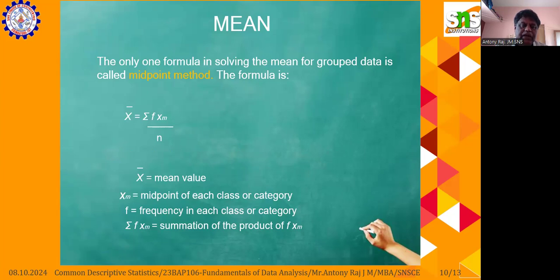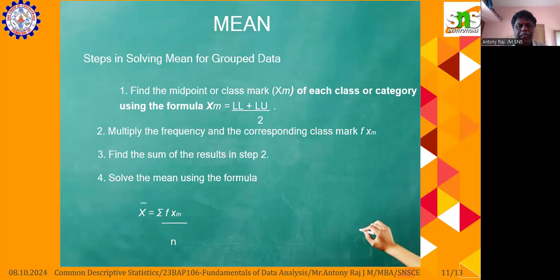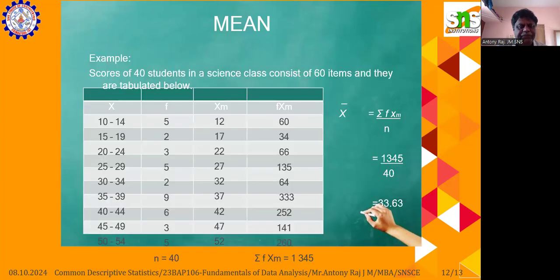So you multiply the frequency by the midpoint and add all these, and we get the numerator summation. Solving is very simple. Find the midpoint for each class interval, lower limit plus upper limit divided by 2, then multiply that by the frequency and we get f into xm. Find the sum of the results and then solve using the formula.